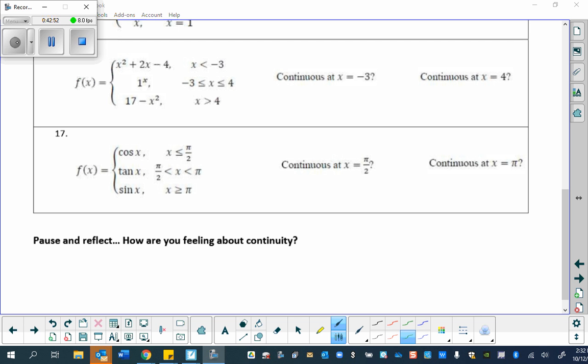All right, so clear off your desk. What you're going to do is rotate from group to group and answer the question.